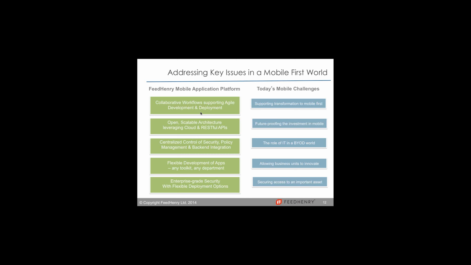But getting that centralized control, so focusing on things like security, which is obviously a big issue for anybody in this space, policy management, and a huge part of it is back-end integration. All of these systems that you need to wire into to deliver at the same time responsive mobile applications.